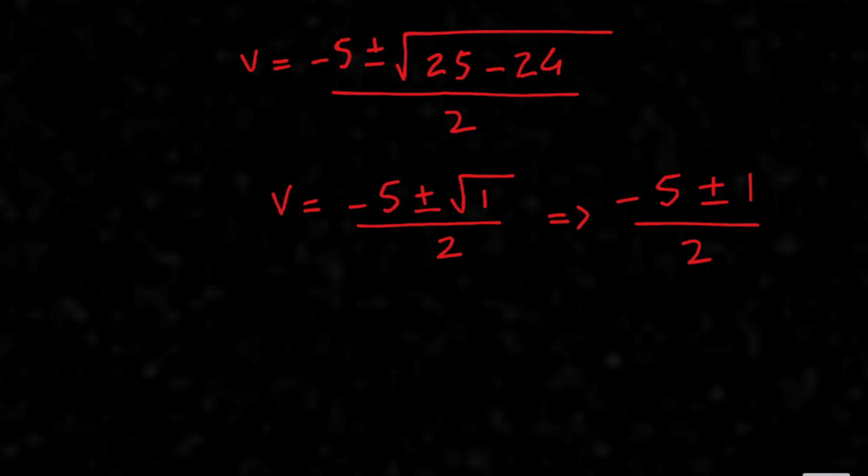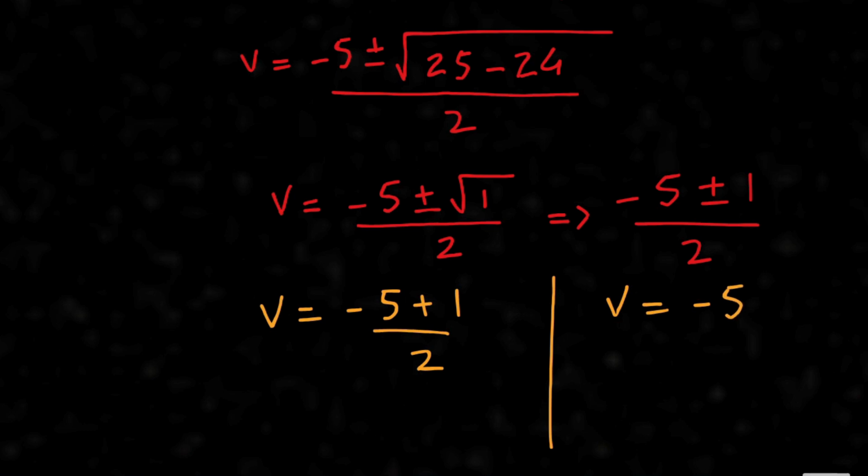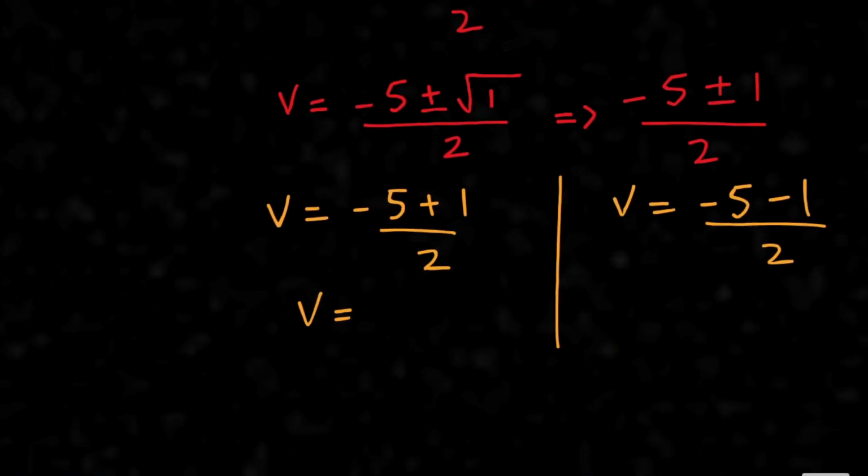Now for this v, we will be getting two different solutions. Once we put v equals to minus 5 plus 1 divided by 2, and secondly v equals to minus 5 minus 1 divided by 2. What is minus 5 plus 1?